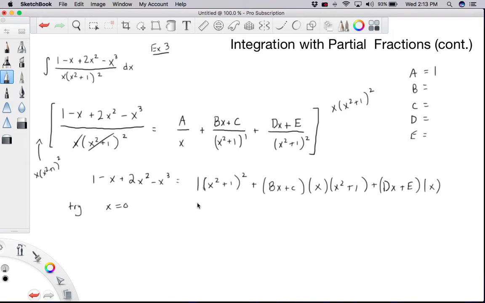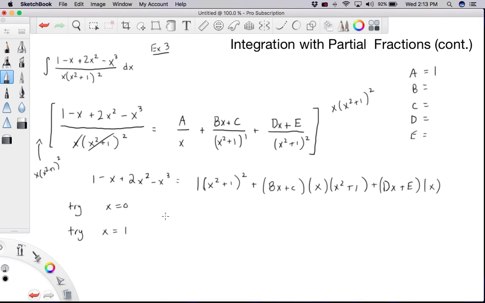And 1 times anything doesn't really change the values, so that kind of makes our life a little bit easier. Anyways, I'm going to try x equals 1 and see what happens. Likely because we have 4 constants remaining, we may have to set up a system of equations. But we'll see what happens.